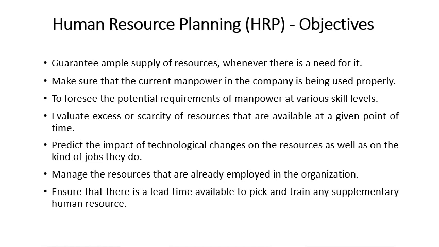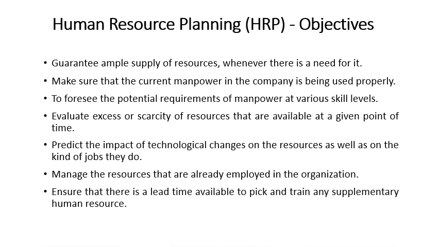The company always has the right amount of manpower, and they are being used properly. It's not that there is overutilization or underutilization of manpower. So the company always has the right kind of people at the right positions, in the right jobs.